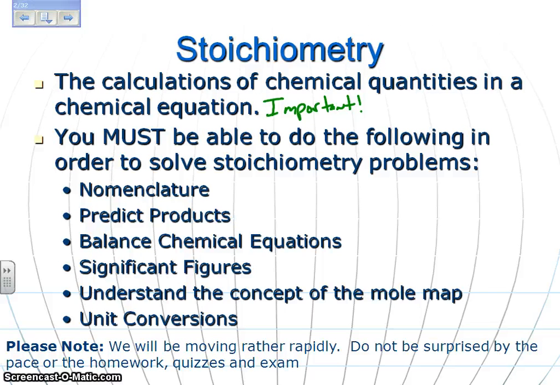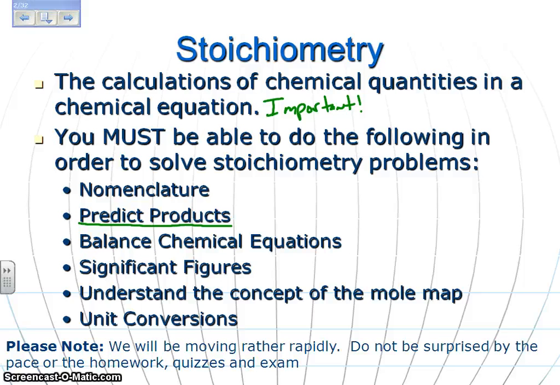You need to have some idea about predicting products from the types of reactions, but you won't really need to rely on this part too much. You will need to know how to balance chemical equations. You will need to recognize significant figures, and you will need to use the concept of the mole map, understand how to use it, and how to use unit conversions.